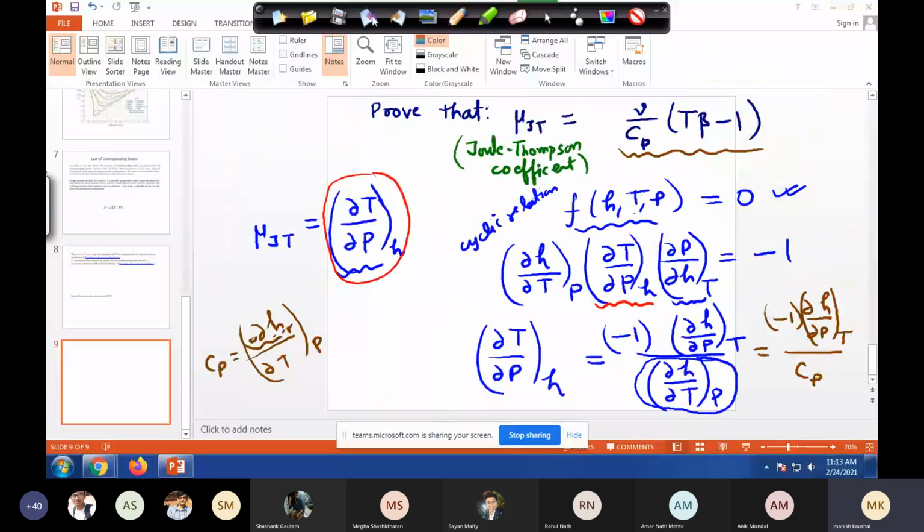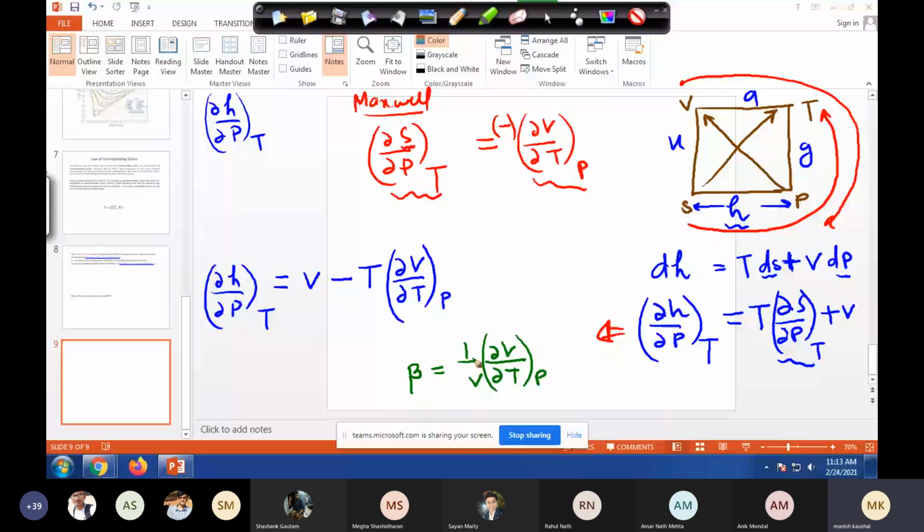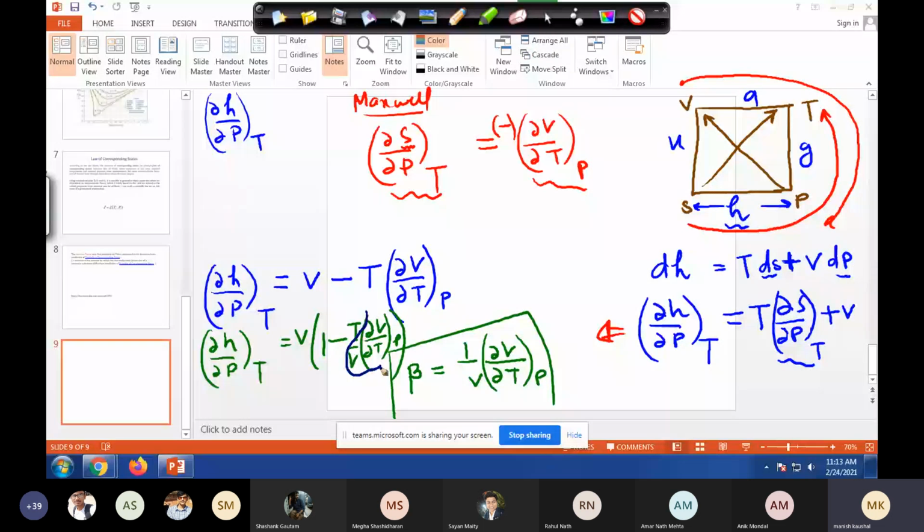If you remember the definition of beta, which is the expansion coefficient, beta is nothing but the fractional change in volume, ∂V by V, with respect to temperature, ∂T at constant P. So if we take V common, ∂H/∂P at constant T is equal to V common, 1 minus T, ∂V/∂T at constant P, and then 1/V here, and we know that this term is beta.